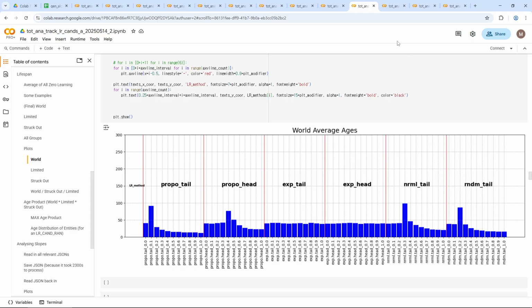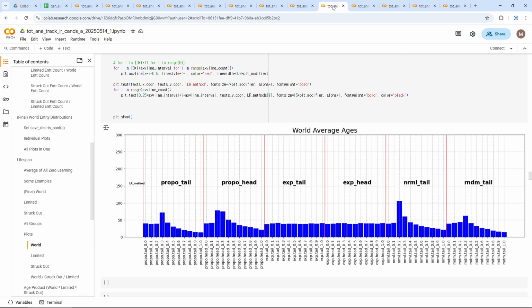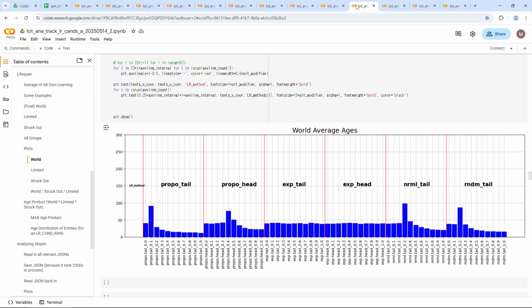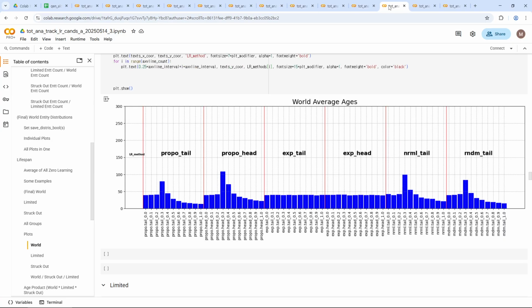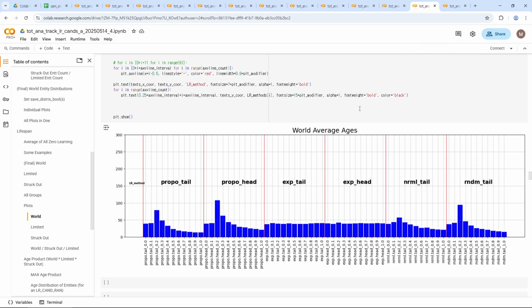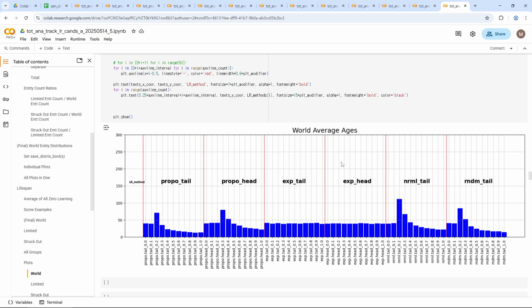Yeah. Exponential head, okay. Normal and random.